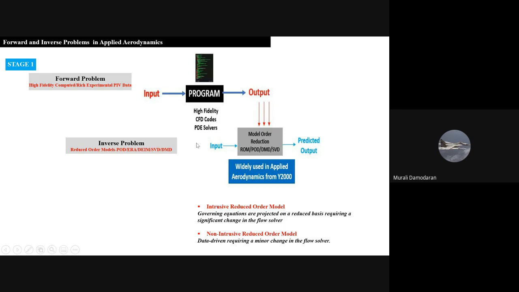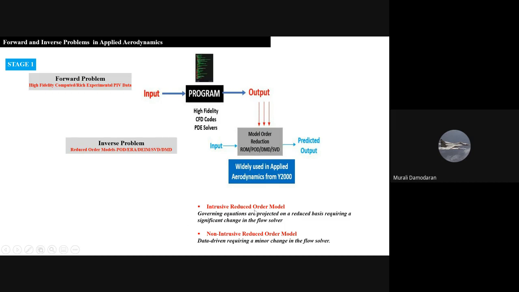That is also one of the ways people are developing surrogates to predict aerodynamic loads, flow fields, and so on. Like I said earlier in the talk this afternoon, there are many things; we only covered one aspect, the POD.